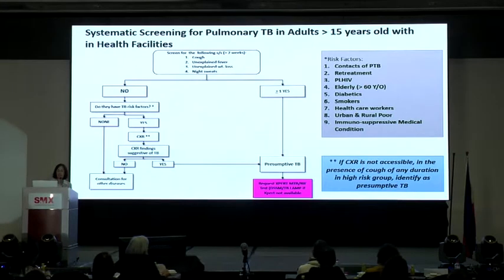If you have that, then we will request for chest x-ray. Then if the chest x-ray is suggestive of TB, then you will be considered a presumptive TB and we will request for expert testing.